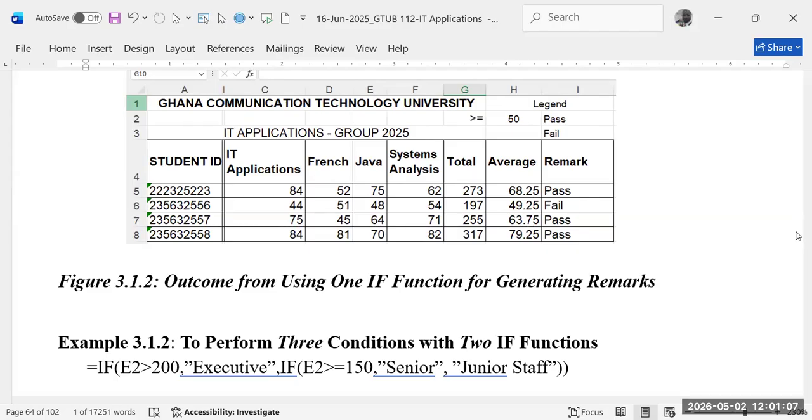Philip, are you with us? Philip, I'm waiting for you. Yes. Talk, we are listening. Formula for H6.